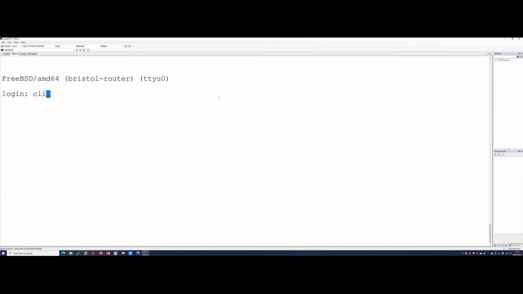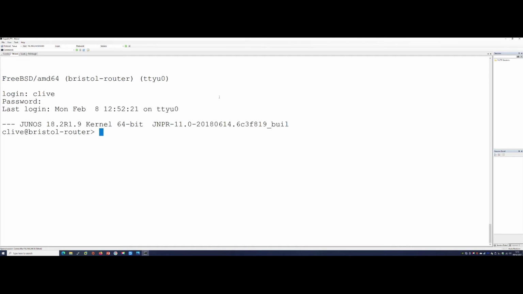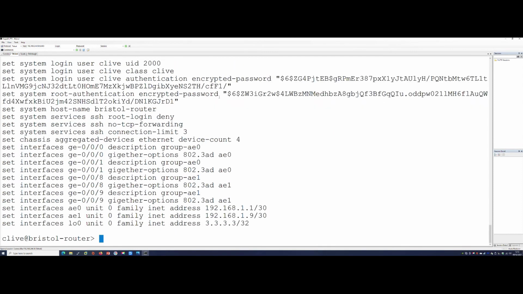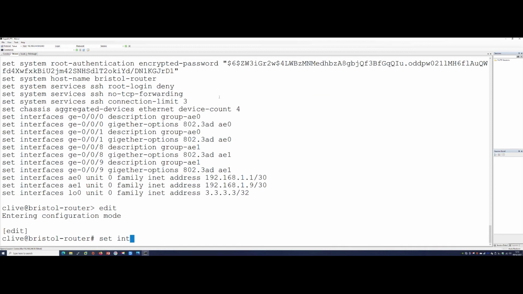So let's go on to Bristol, and we're going to do the same here. We'll have a look at the configuration first. And as you can see, there is no IS-IS on there. So let's do the same here. We'll go into edit mode and do set interfaces lo0 unit 0 family iso address 49.